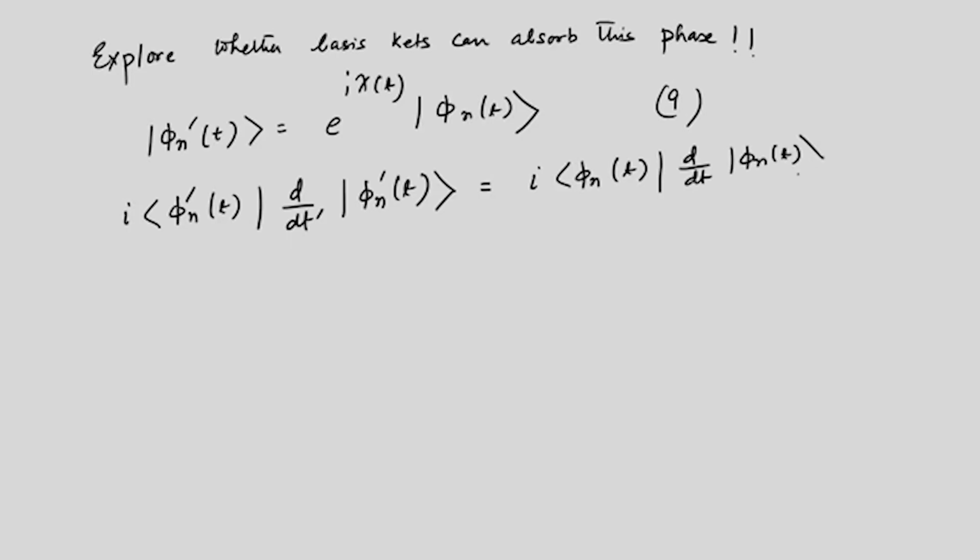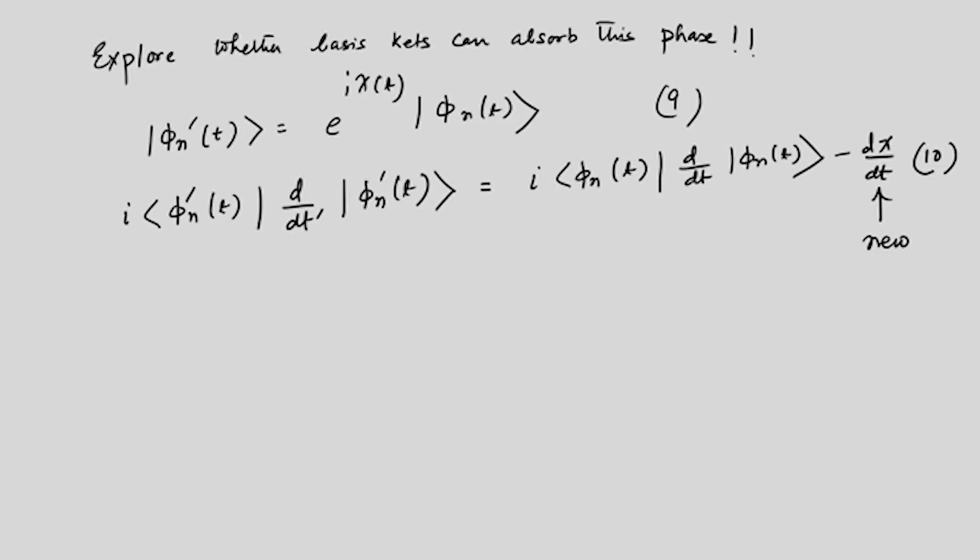Till this point it is fine, this looked the same, but there is a minus d chi dt because chi now depends upon time. This is new and was not there. Let us call this equation 10. So, even if you try to modify or renormalize your basis, you are left with a d chi dt term, which cannot be ignored because chi is a function of time.